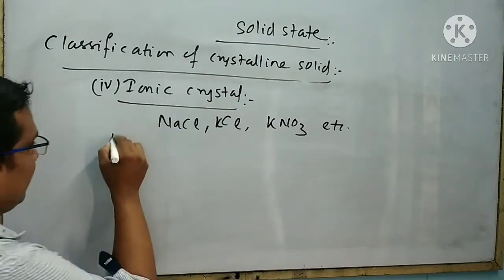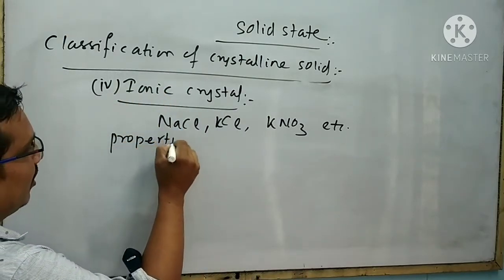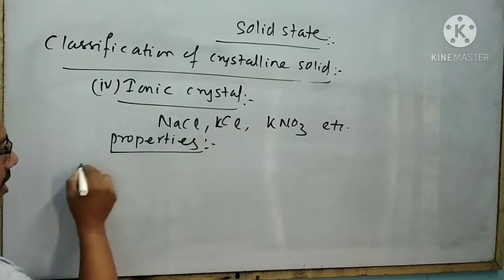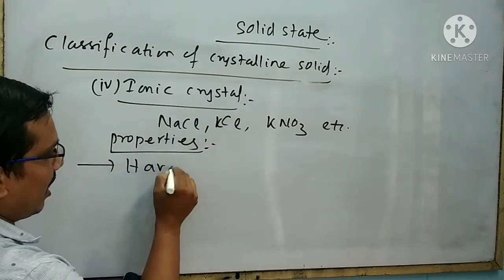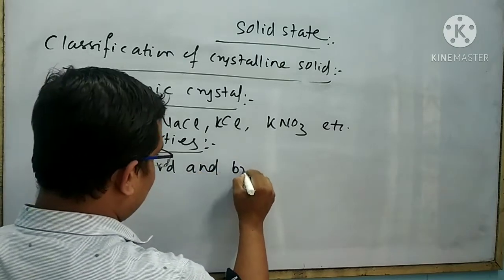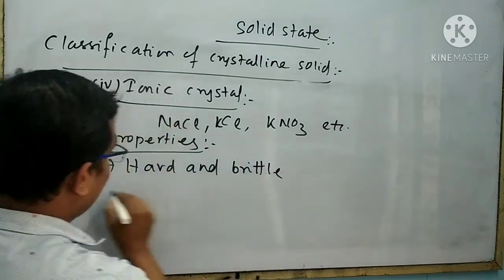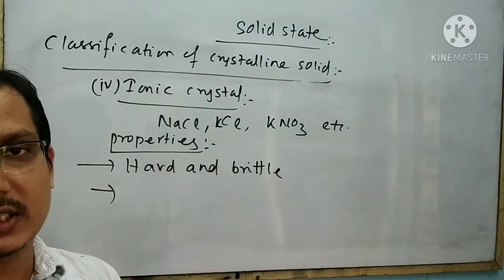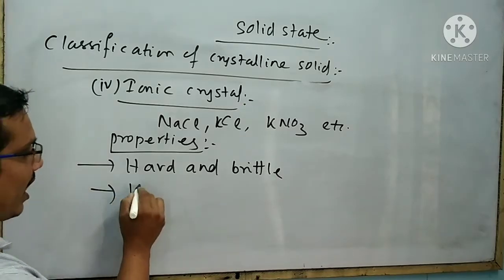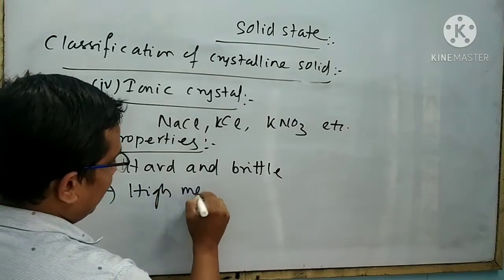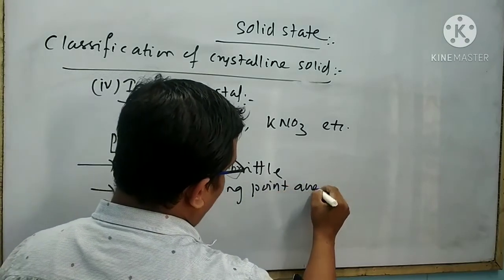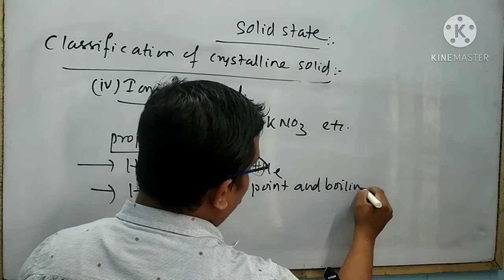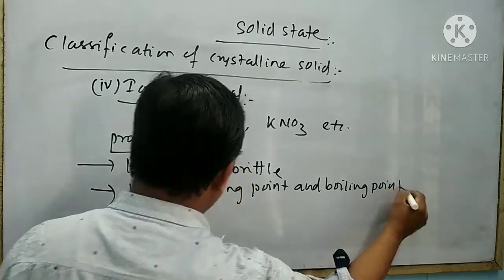The properties of ionic crystals are: first point is ionic crystals are hard and brittle. Next point is ionic crystals have high melting point and boiling point.